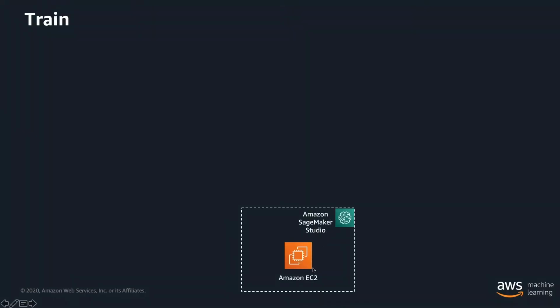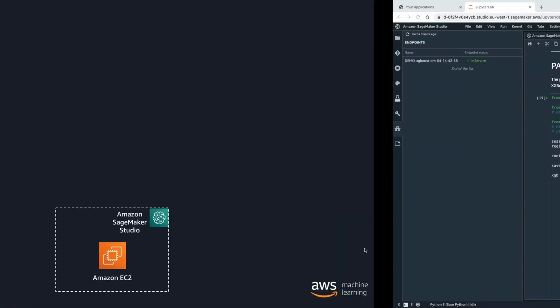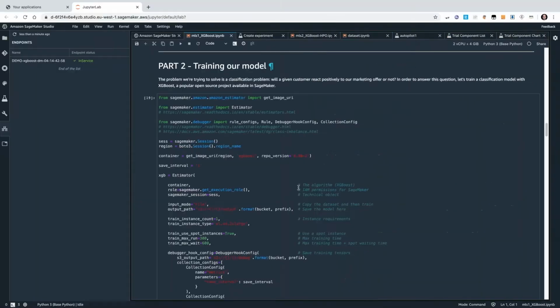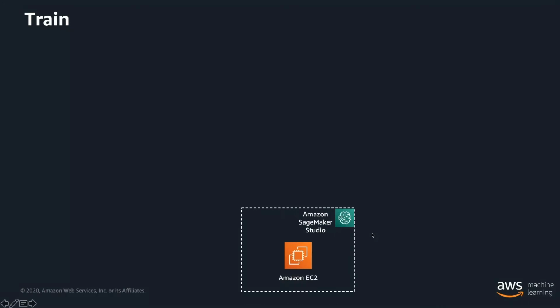So I have here illustrated an Amazon EC2, which is my virtual machine. So this is really my virtual machine here with 2 vCPU, 4 GB of RAM inside SageMaker Studio. What we have done already is we have uploaded the data to S3. So this has been done.